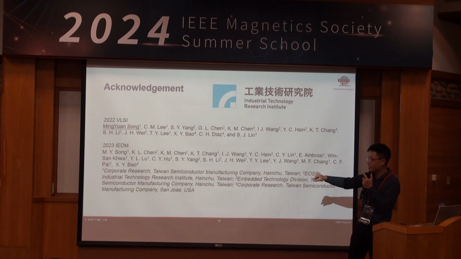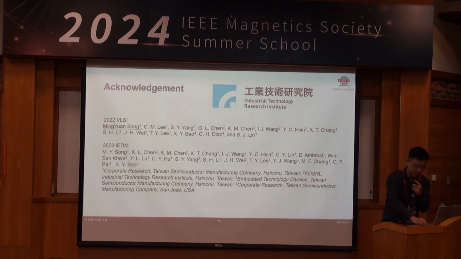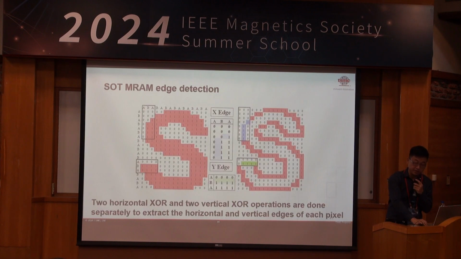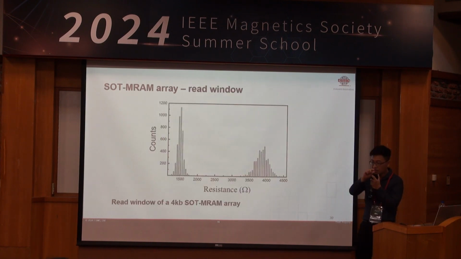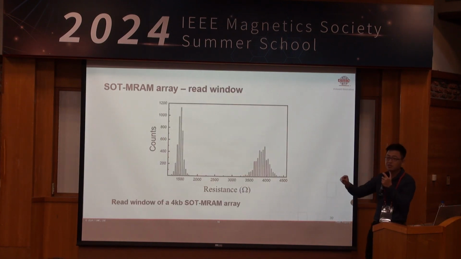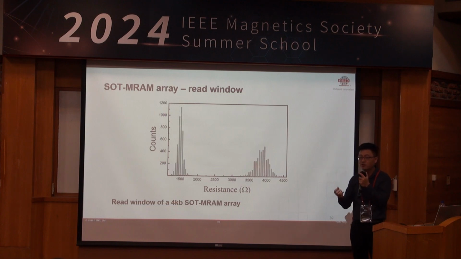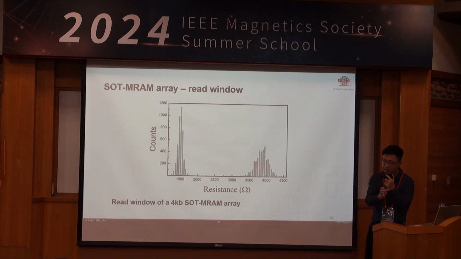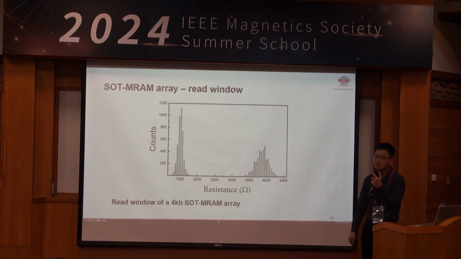If you apply a current in this SOT channel, you will have some shunting current in the free layer. So the higher the conductivity of the SOT material, the better. If you multiply the spin-Hall angle by the conductivity, that is the figure of merit we use to decide which material is better for SOT.